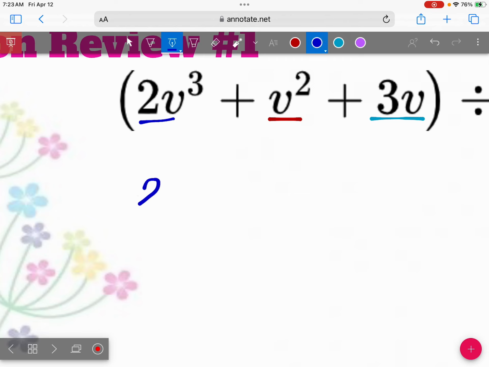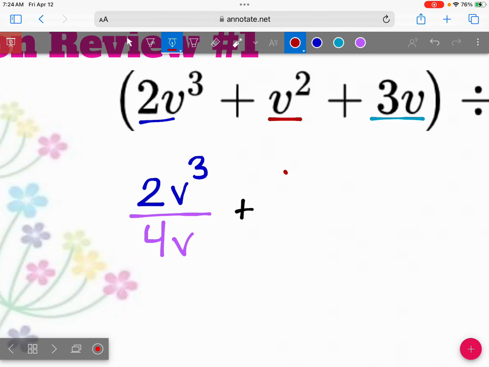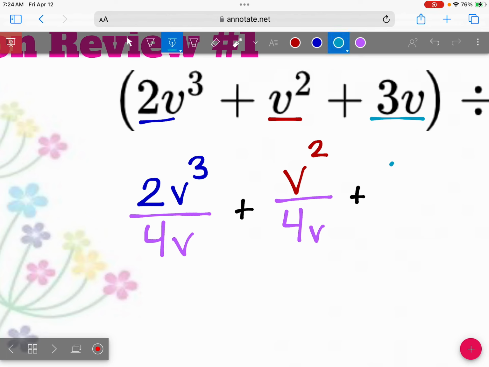So our 2v cubed over 4v plus v squared over 4v plus 3v over 4, that's meant to be v.